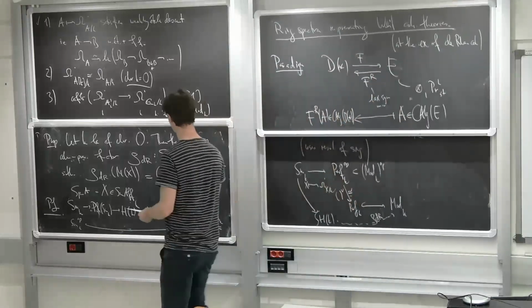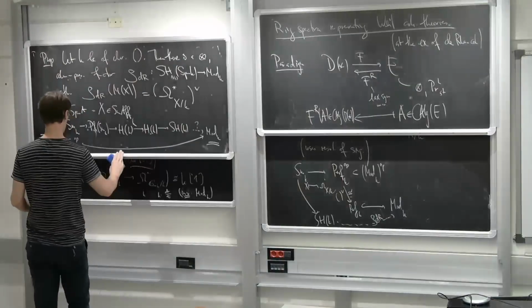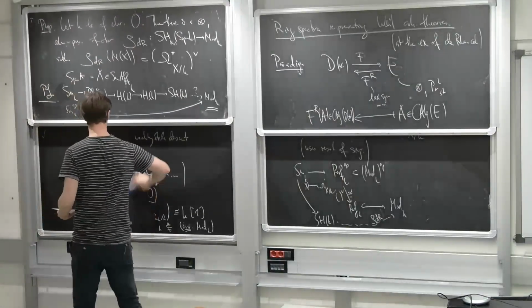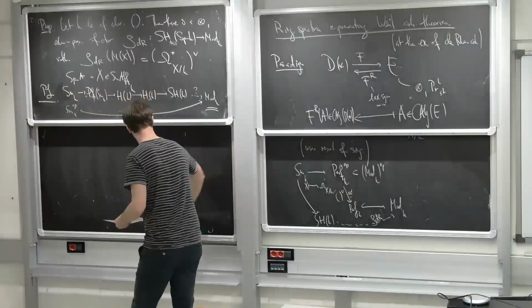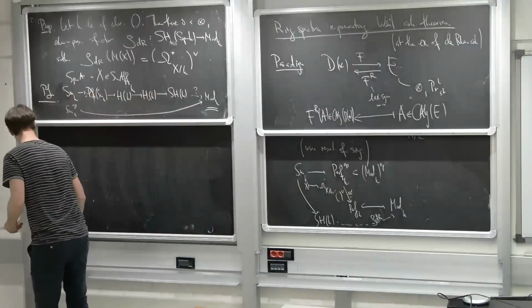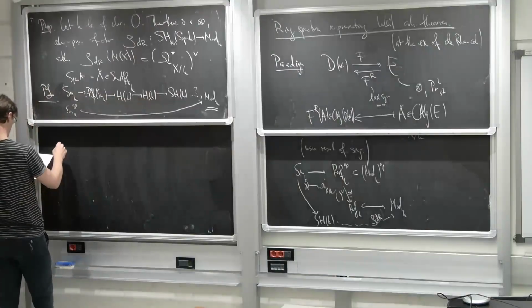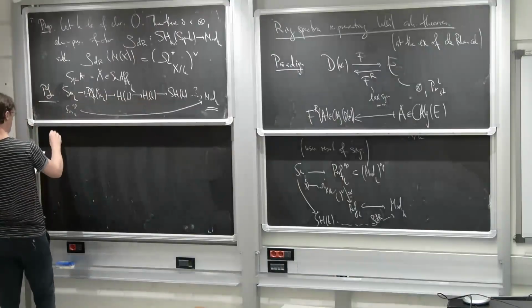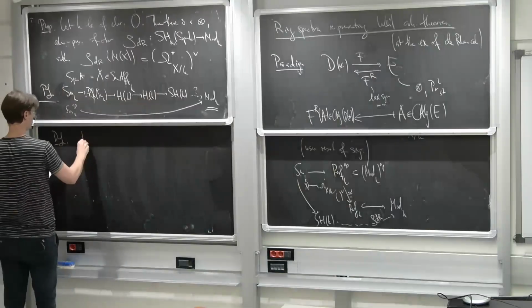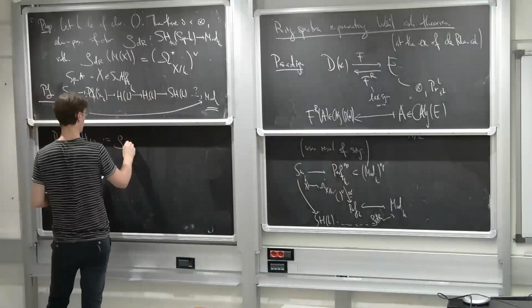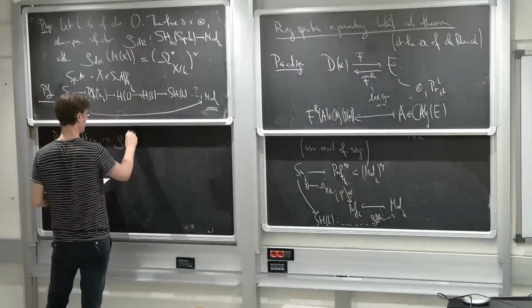What are these modules that we cook up there using that? So yeah, maybe let's say definition. So this H_dR, I define it to be rho_dR and then the right adjoint.